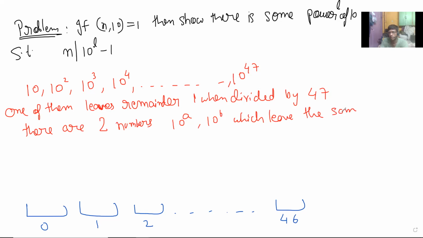Don't worry, it looks like very clumsy language. I'm writing too many words here, but that's because we have not introduced modular arithmetic. But let's do it like this first, and it will come naturally.